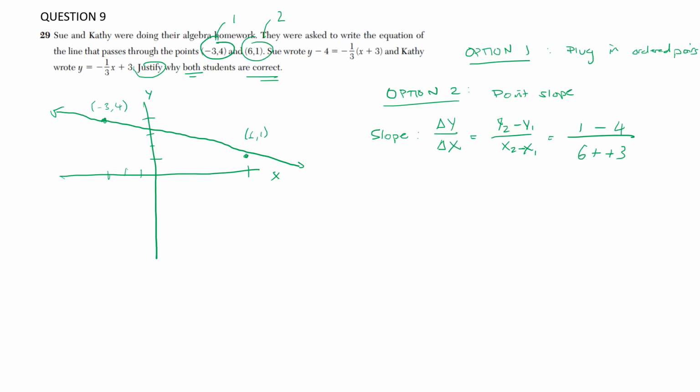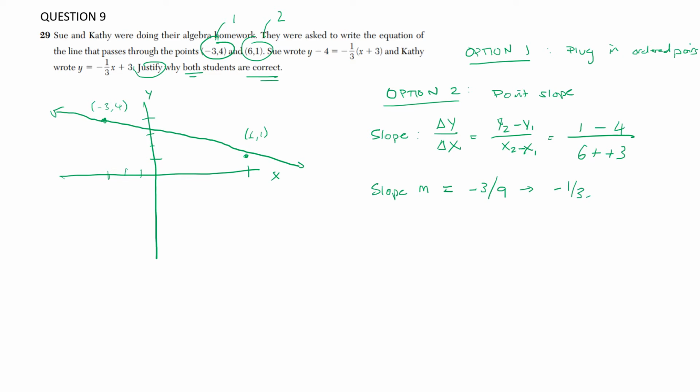So that's 2 plus signs there to negate those 2 negatives. And so we get that the slope, or as we might be familiar with it, m, right? y equals mx plus b. The slope m is equal to -3/9. In other words, we can simplify to -1/3.